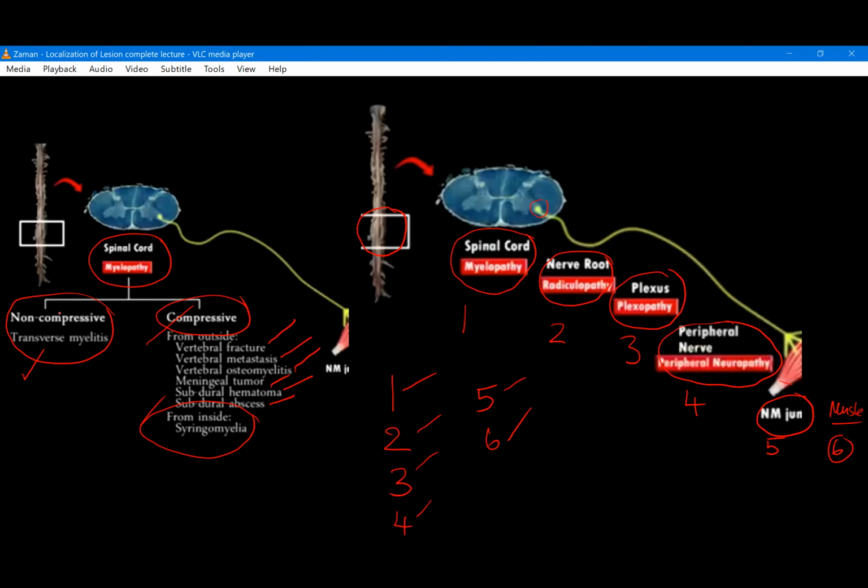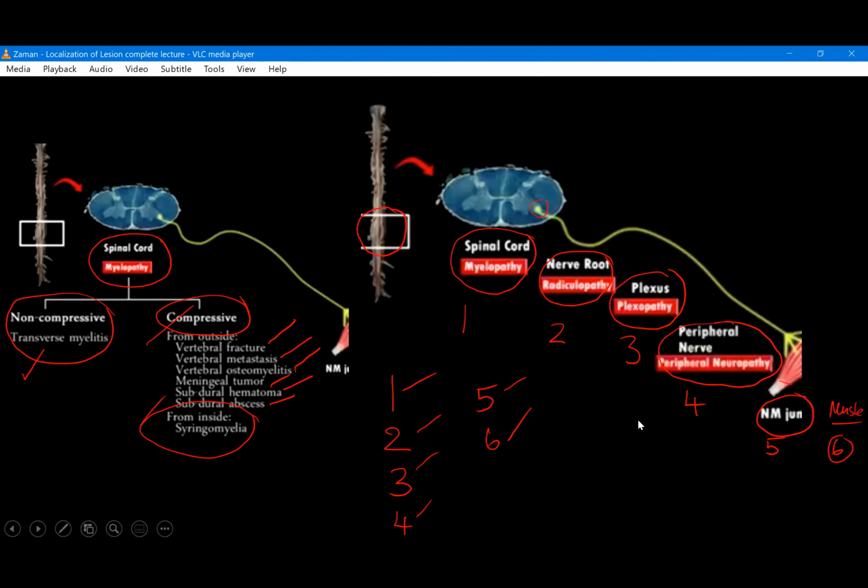These are the ones: vertebral fracture, vertebral disc prolapse, metastatic deposits, osteomyelitis of various causes, common being tuberculosis, meningeal tumors both malignant and benign, subdural hematoma, and subdural abscess. Last time we saw how the subdural abscess should be differentiated from other conditions. So these are very important ways of understanding.